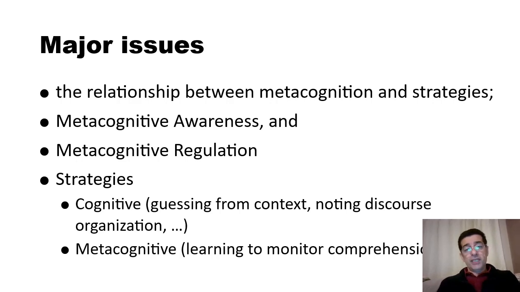With respect to reading, it's common to talk about two things: metacognitive awareness and metacognitive regulation. Metacognitive awareness is what we know, and metacognitive regulation, or maybe easier to say metacognitive control, is knowing when, where, and how to use strategies.